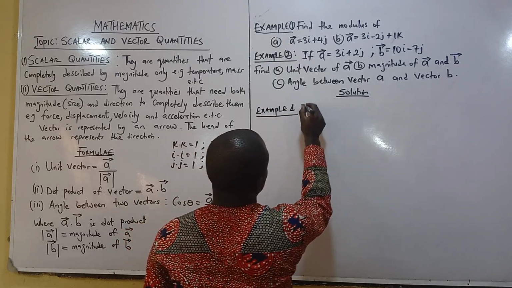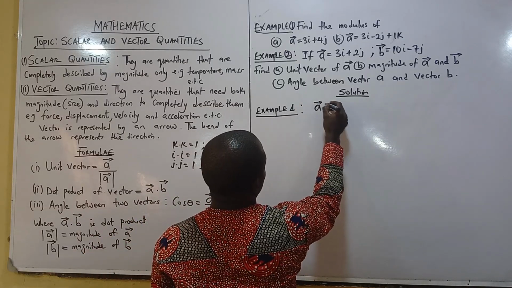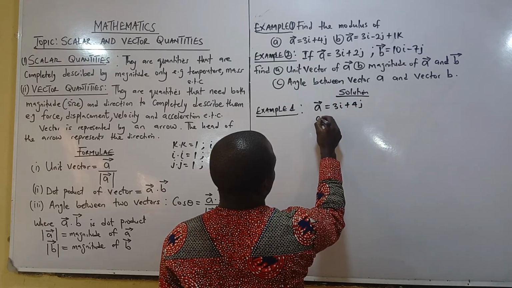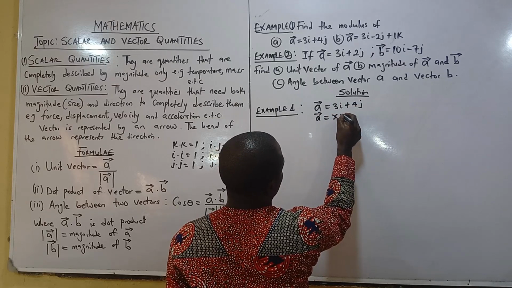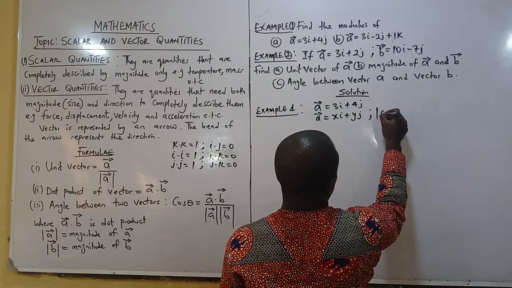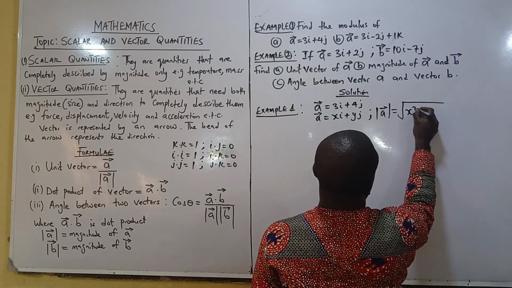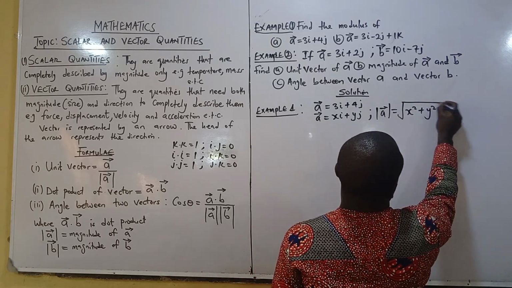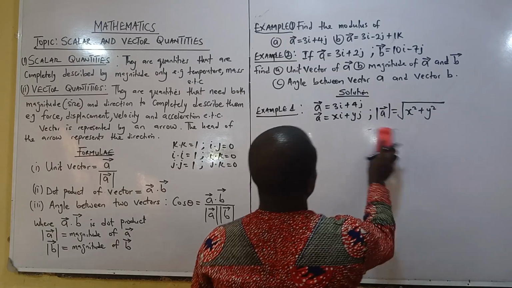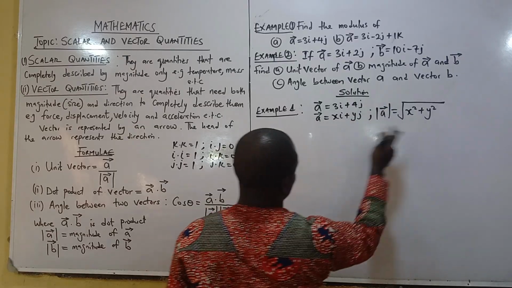We have to find the modulus of A, when vector A equals 3i plus 4j. Vector A is of the form xi plus yj. The modulus of vector A equals the square root of x squared plus y squared. Don't forget that i squared, when you square i, will be 1, that's why I didn't put it here. j squared will be 1.